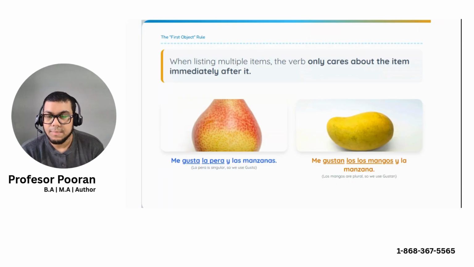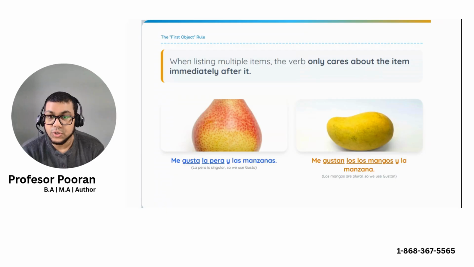So in many instances, you would have learned that you use me gusta when it's one thing and me gustan when it's more than one. That is correct. But at this level, you have to pay attention to what comes after, because you're not just simply stating, I like the pen, or I like the books, or I like running.